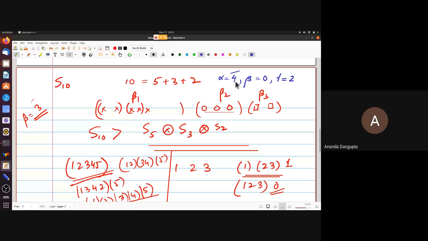Now, this would correspond to several alpha, beta, gamma scenarios. Let's say one possible scenario is this: 3 1-cycles from here. Of course, there are no 2-cycles. And once 3 1-cycles are gone, you can't have any 3-cycles anyway from here. Of course, that's impossible, by the way. Can you see why that's impossible?